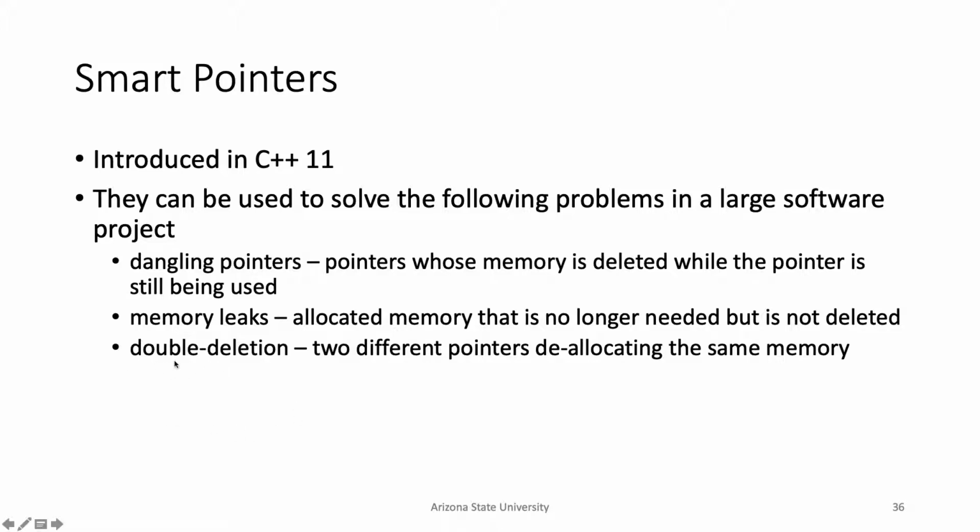And there's something called double deletion, but don't really worry about that. It's just lots of problems with new and delete that you could deal with, but it's a lot harder than it needs to be. So a smart pointer is basically like vector or string, but for a single pointer only. It's basically just a single object wrapper around a pointer, and that's it.